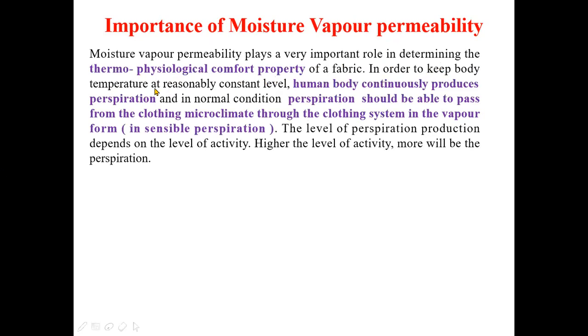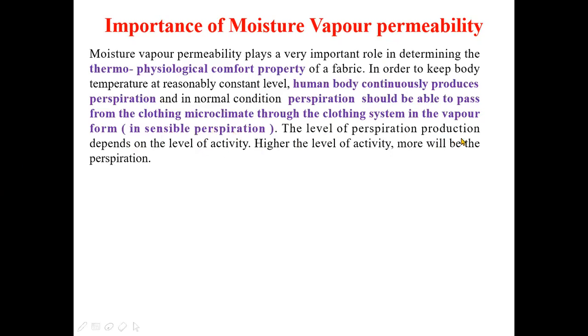In order to keep the temperature at a reasonable constant level, the human body continues to produce perspiration. In the normal condition, the perspiration should be able to pass from the clothing microclimate through the clothing system in the vapor form. This is known as the insensible perspiration.